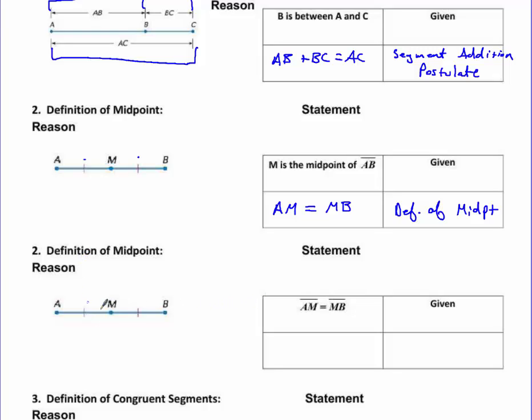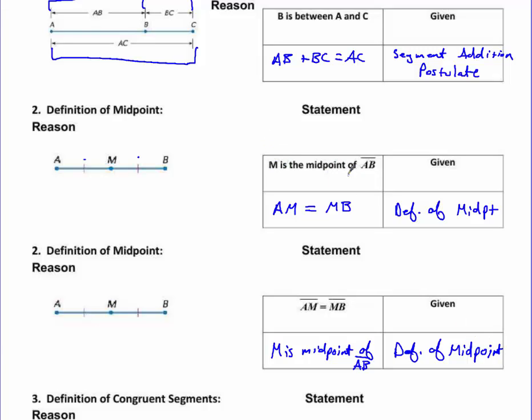Also, if you have a picture of a segment and you see this statement that says AM is equal to MB, well, that means you know that M is the midpoint of segment AB. And the reason you know that is also the definition of midpoint. So definitions work both ways.